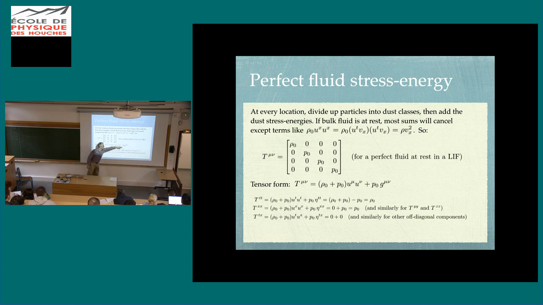So when you add them all up, you get something like this, and you can write this in tensor form like that. Again, these are scalars. They're the density of energy and the pressure evaluated in the frame where the fluid is at rest, and then you multiply by the bulk velocity of the fluid, and this is still a tensor correction term, but it leads to this form, as this calculation down here suggests, if you're in a locally inertial frame where the fluid is at rest, which is what you want.